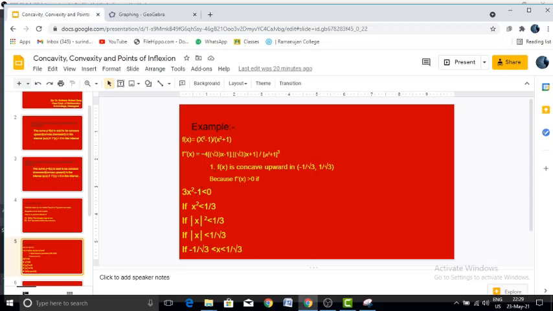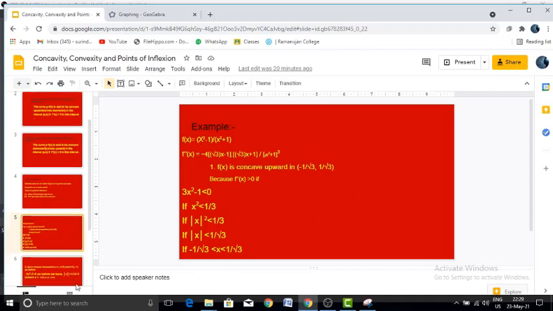So the multiplication of these two, 3x square minus 1, is less than 0, means x square less than 1 by 3. Changing into mod, mod x less than 1 by root 3, means minus 1 by root 3 less than x less than 1 by root 3. So the curve is concave upward in the interval (minus 1 by root 3, 1 by root 3).